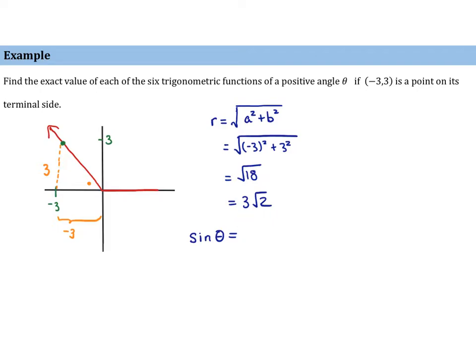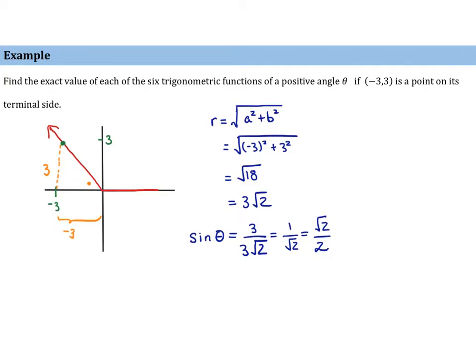So we have B over R, which is 1 over the square root of 2, which is the square root of 2 over 2.